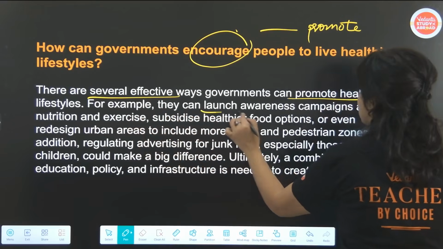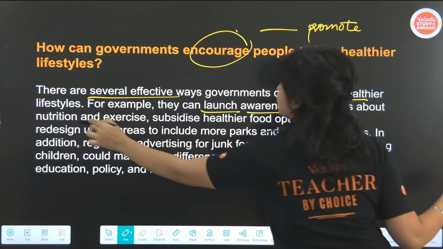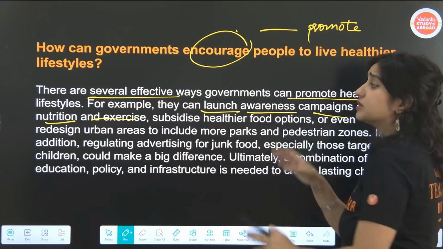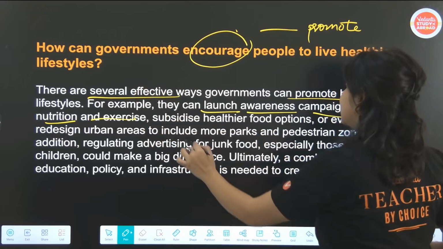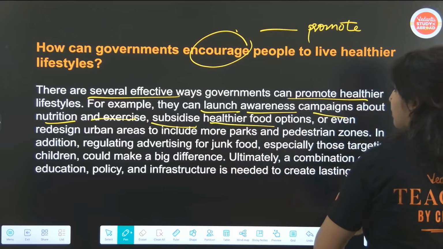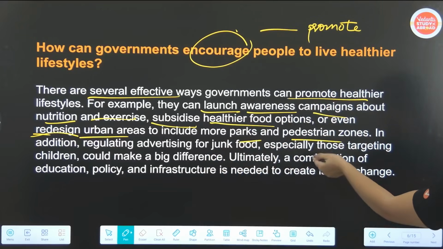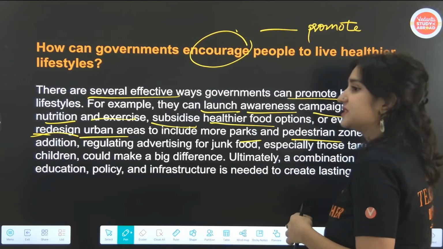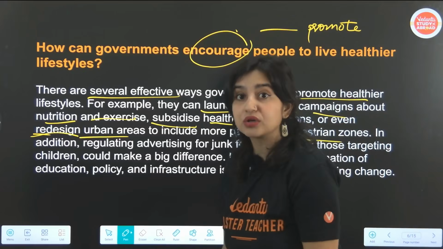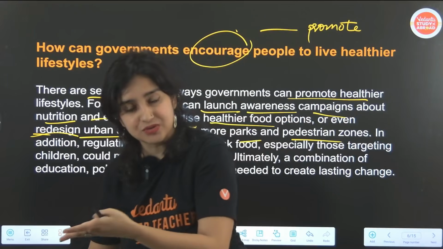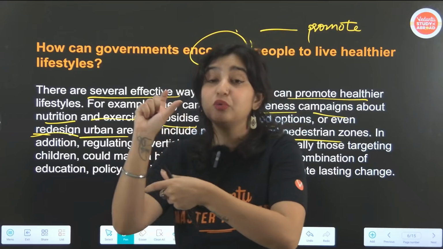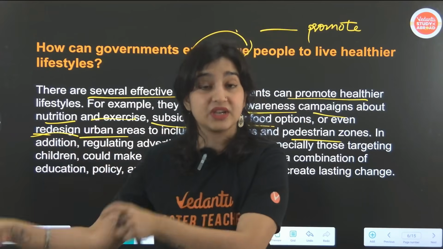Here, launch awareness campaigns, nutrition, exercise, such good topic-specific vocabulary, right? Subsidize healthier food options, redesign urban areas to include more parks and pedestrian zones, right? Instead of saying have more space to walk, you have said create more pedestrian zones. Again, that shows that you know these technical topic-specific terms.